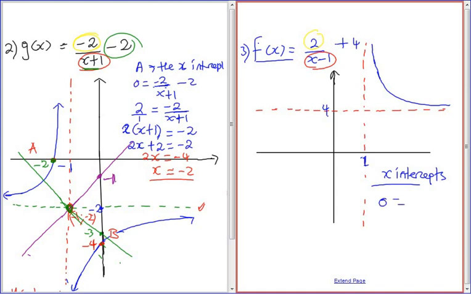0 equals 2 over x minus 1 plus 4. You see, take 4 to the other side, it will be negative 4. So negative 4 equals 2 over x minus 1. If I cross multiply, I'll have negative 4x plus 4 is equal to 2. And it means your negative 4x is going to be equal to negative 2, which will give us the x value.